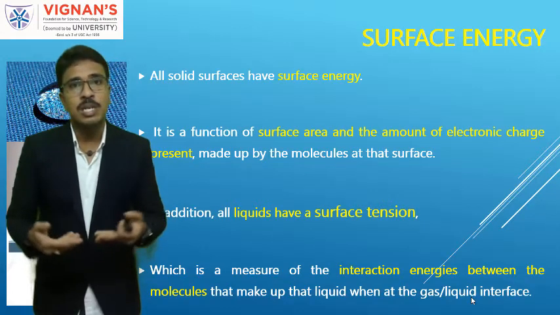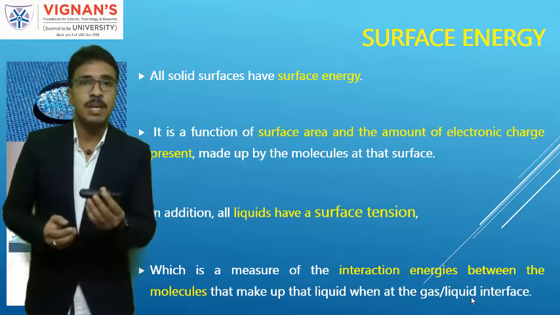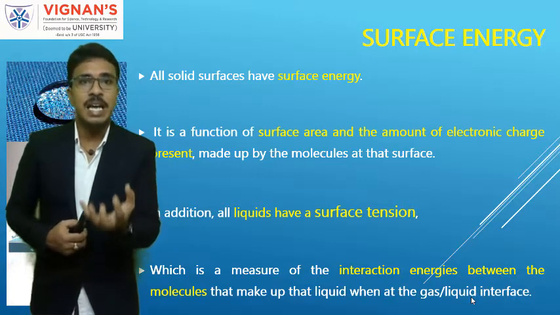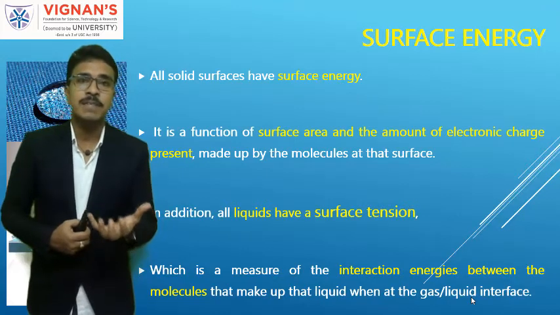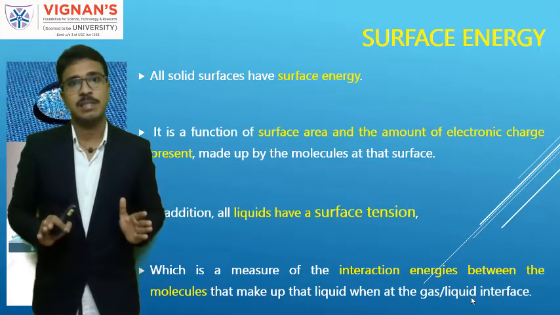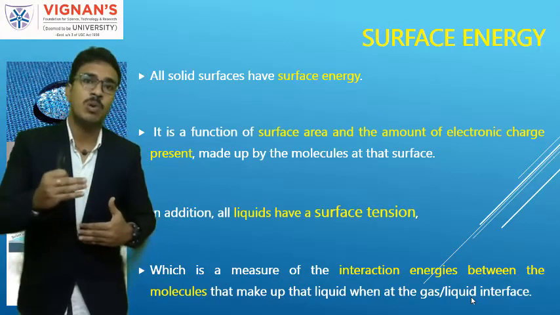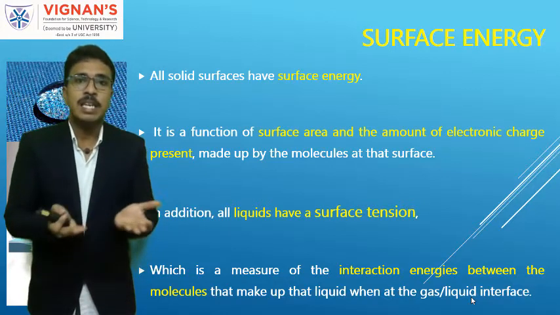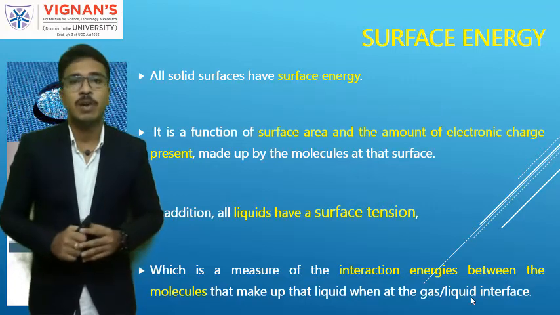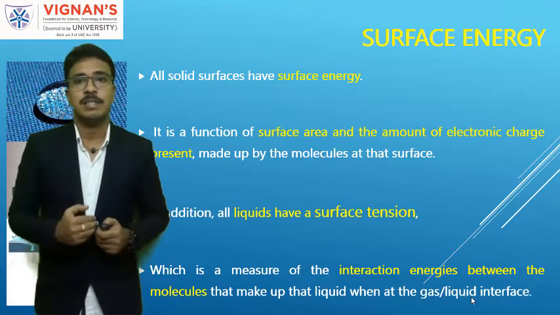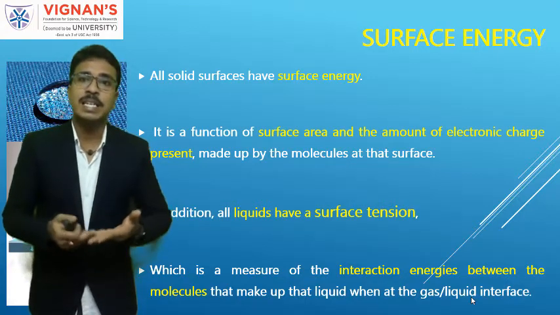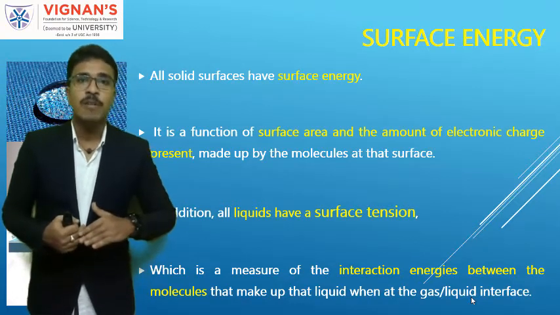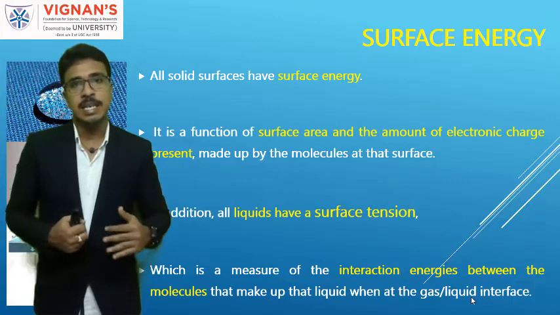So we are just repeating again: surface energy and surface tension. When it comes to solid surfaces, say for example fabric surfaces, we call it surface energy, that means the energy which is there in a solid surface. If the amount of electrical charge in a given surface area is more, we call it high energy surfaces. If it is low, we call it low energy surfaces.